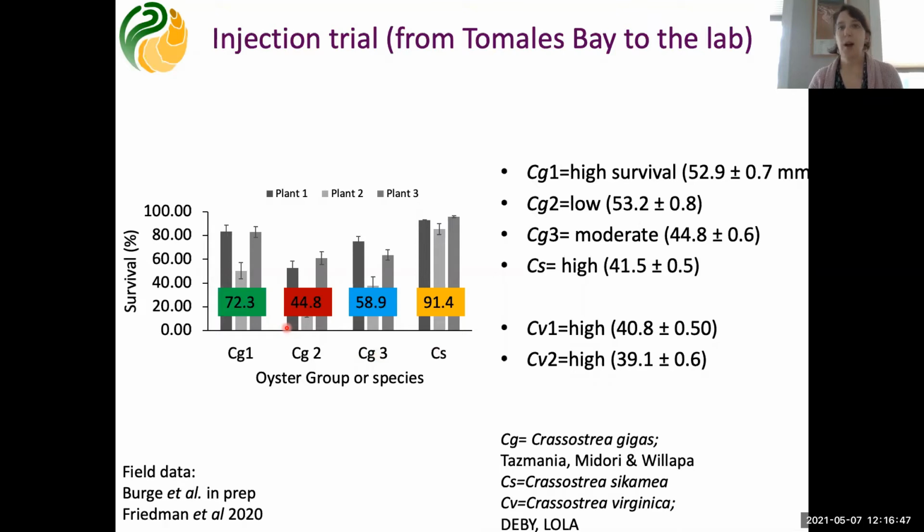So we saw with CG1, I was hopeful that because it had high survival in Tomales Bay, as compared to other stocks, that it would have high survival against the microvariants. CG2, I thought would have low survival. It had low survival in Tomales Bay overall. CG3, moderate. And I was very hopeful for Crassostrea sikamea to have high survival, as well as the 2 Crassostrea virginica stocks.